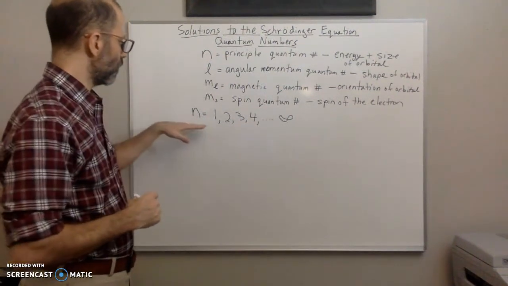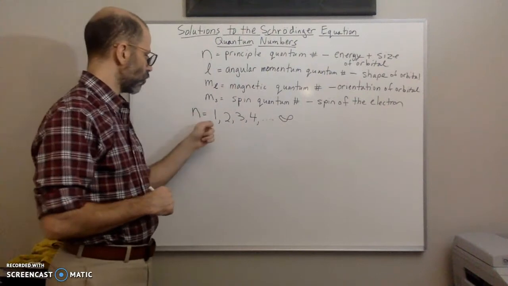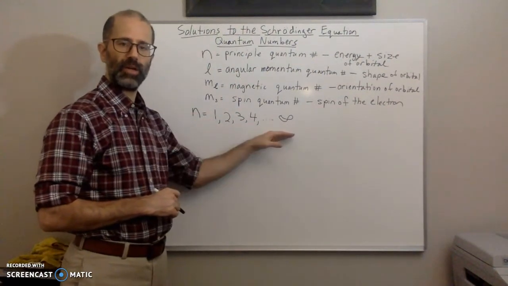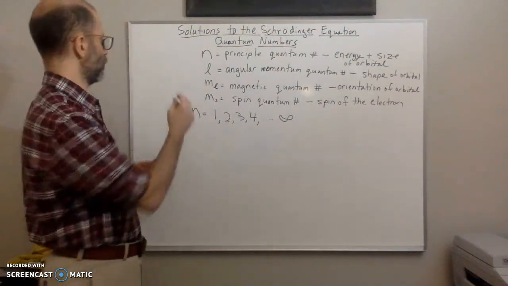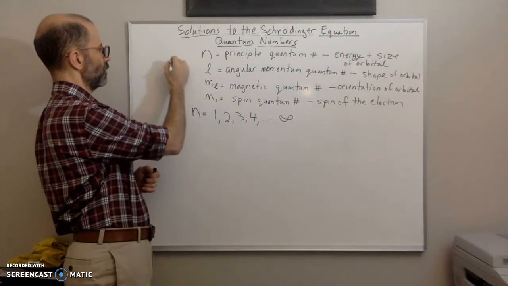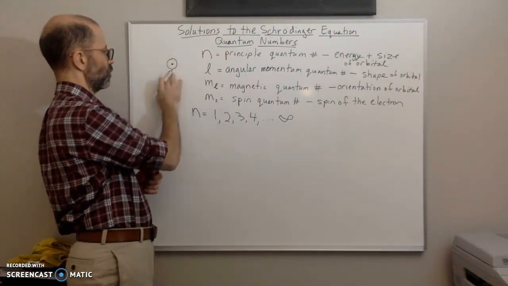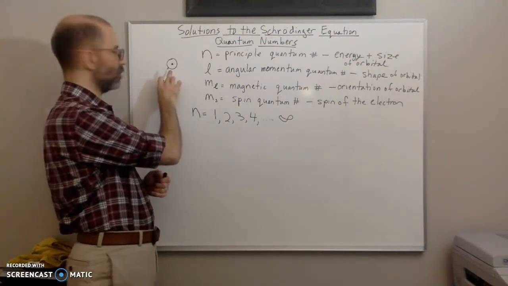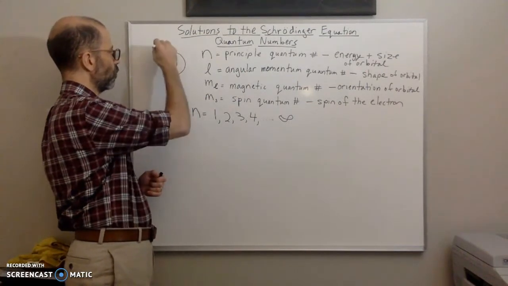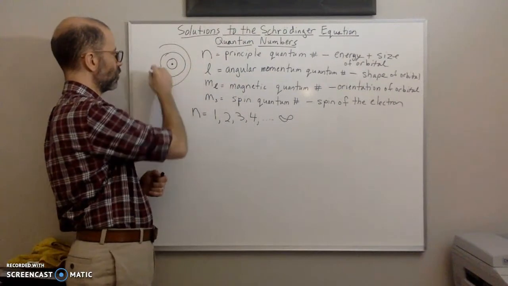This has to do with energy. The higher the number, the higher the energy. As we saw before, this has to do with the Bohr model. Here's your nucleus. Here's one shell or orbit, another shell or orbit, and another shell, and so on.